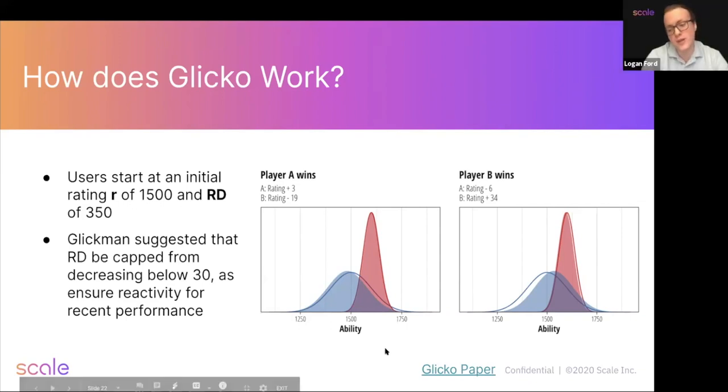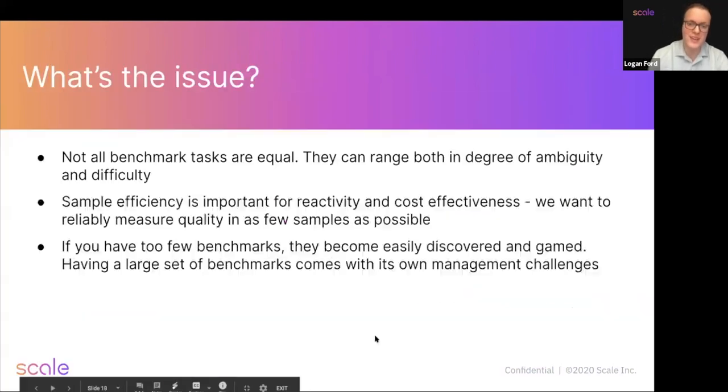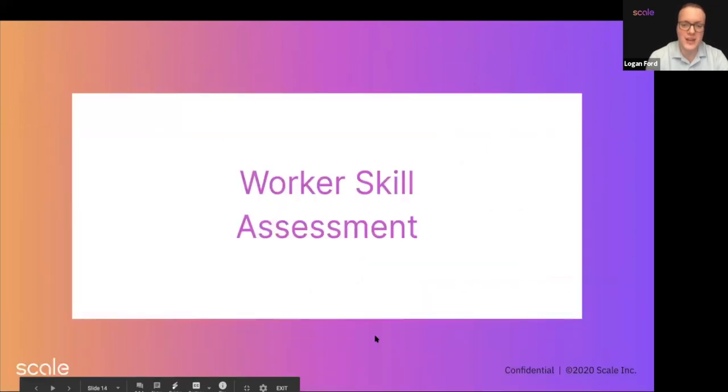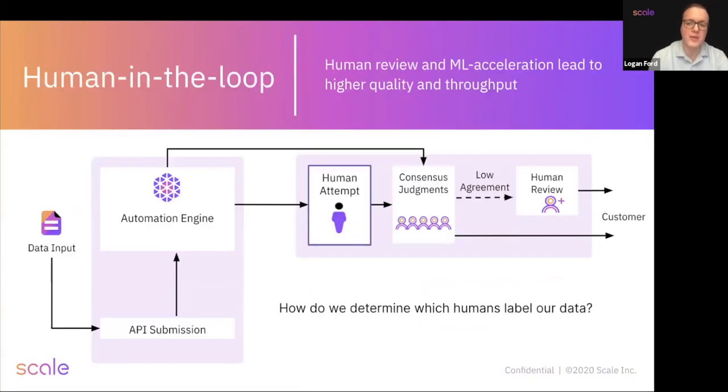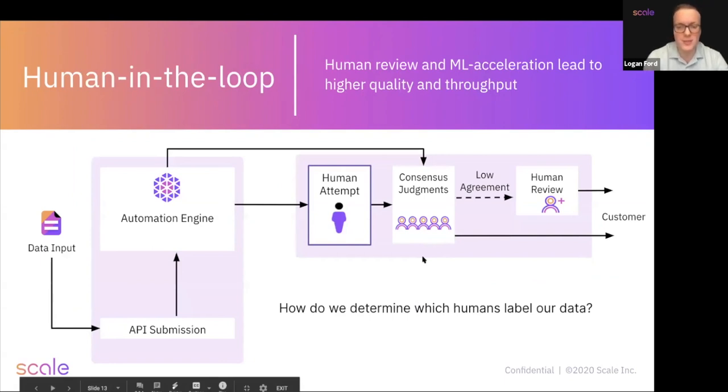Yeah, so going back to the very beginning with this automation engine, you can imagine that when we are doing the consensus of many judgments on the same piece of data, one thing that we can take into account here is the labeler skill according to these rating systems, for example.